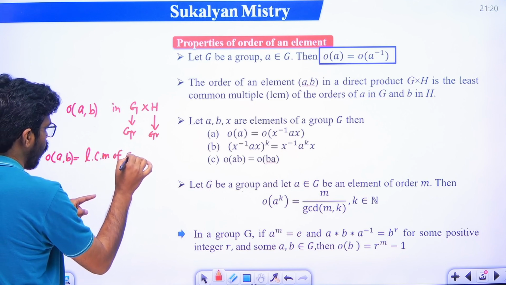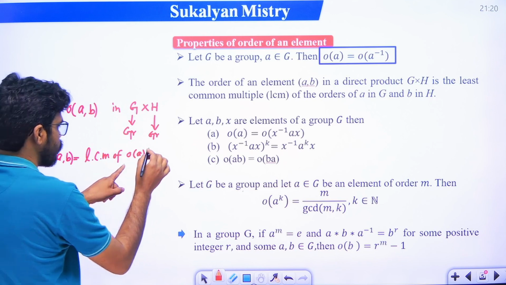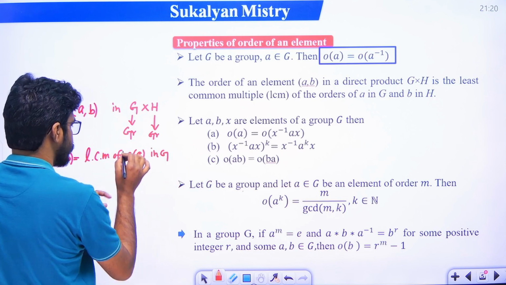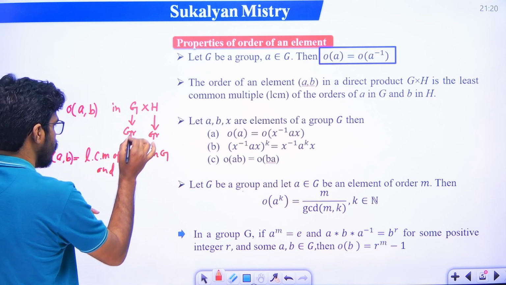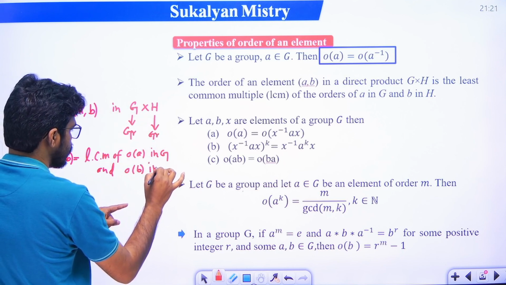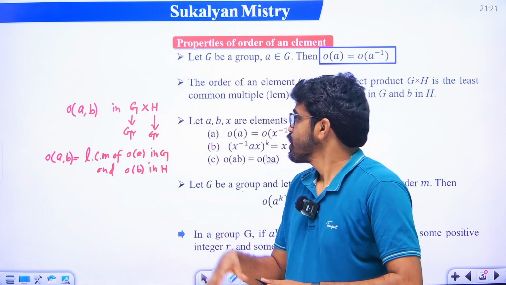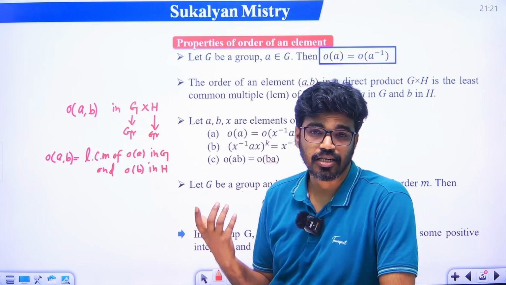of order of A, এটা কার এলিমেন্ট? G, order of A in G and order of B in H. Getting my point? G and H are two groups.